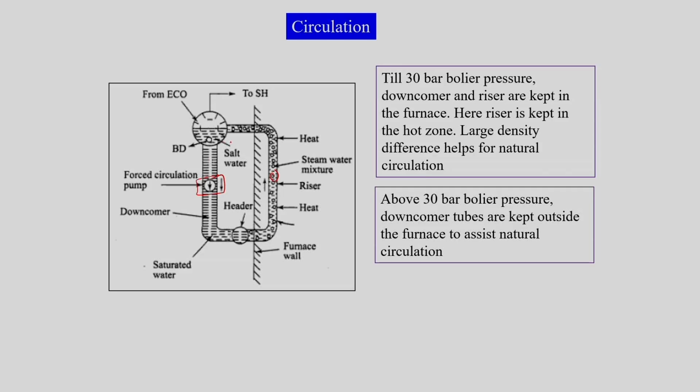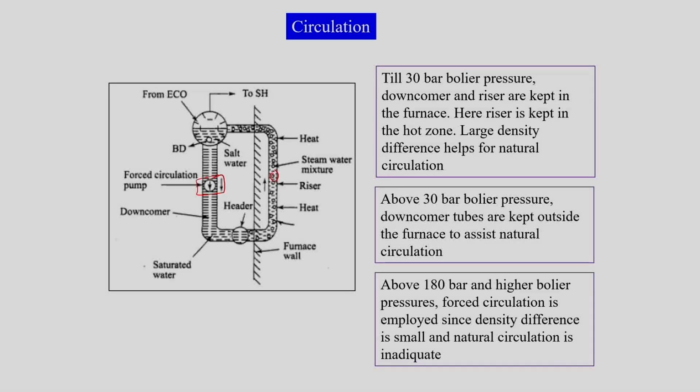As said earlier, these downcomer tubes will be insulated. Keeping the downcomer tubes outside the furnace helps to assist natural circulation. But if we go to pressure levels above 180 bar, then forced circulation is essential, since the density difference becomes small and we cannot employ natural circulation in this circulation loop.